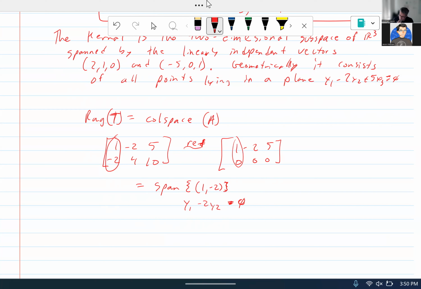Well, then how could we relate those two? This would be y1 equals 2y2, right? And so what's that the equation of? It's an equation of a line with slope 2.